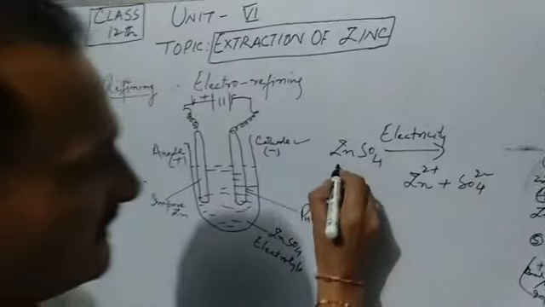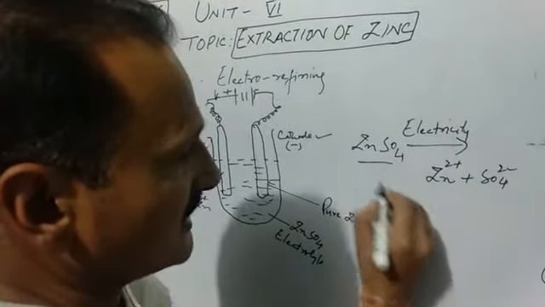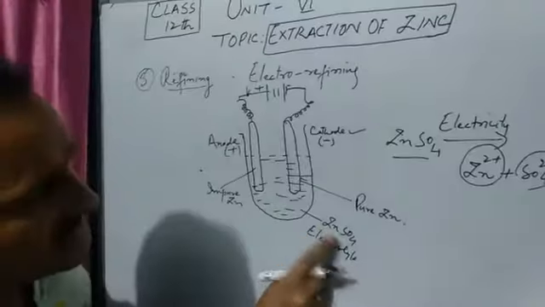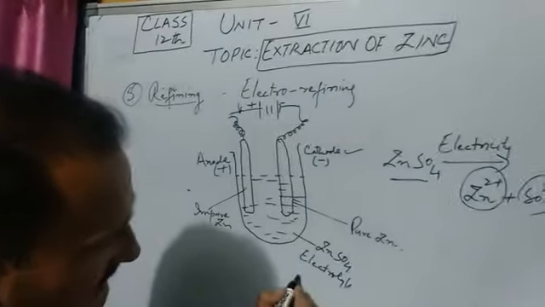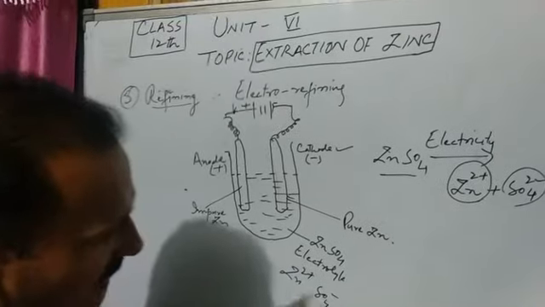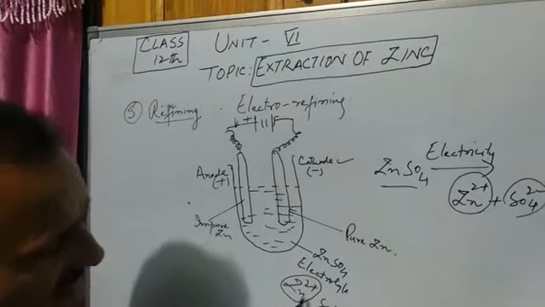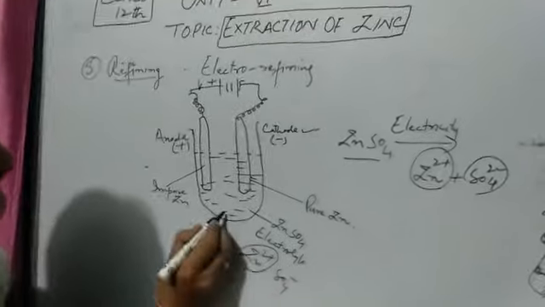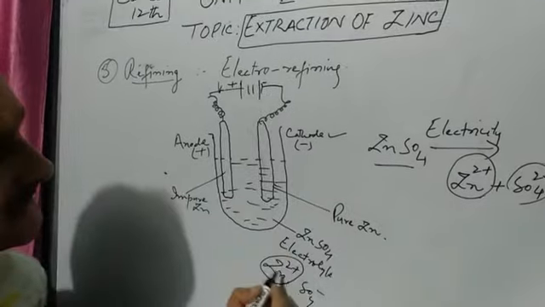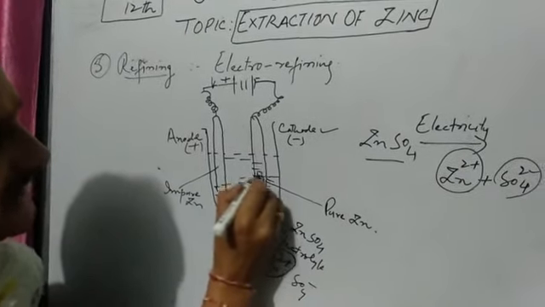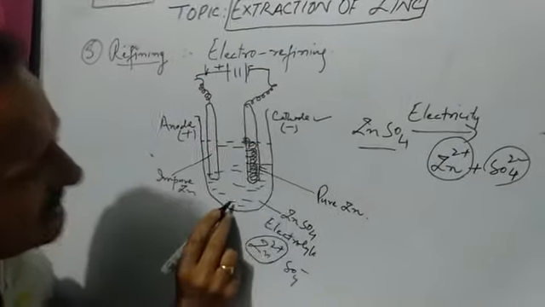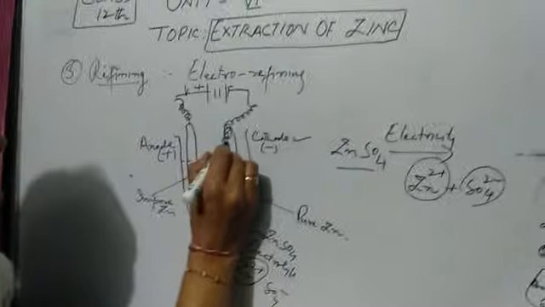As a result, your zinc sulfate basically contains Zn2+ ions and sulfate ions. Now since Zn2+ ions are positively charged, they move towards the cathode and get deposited at the cathode. So pure zinc from here first comes to the solution and then deposits at the cathode like this.